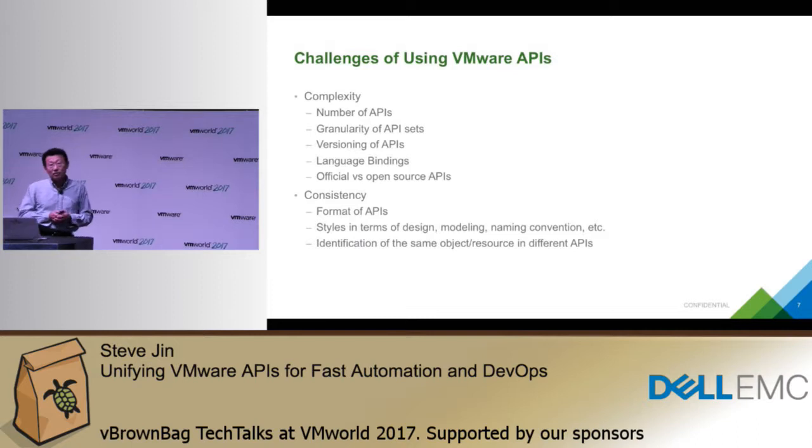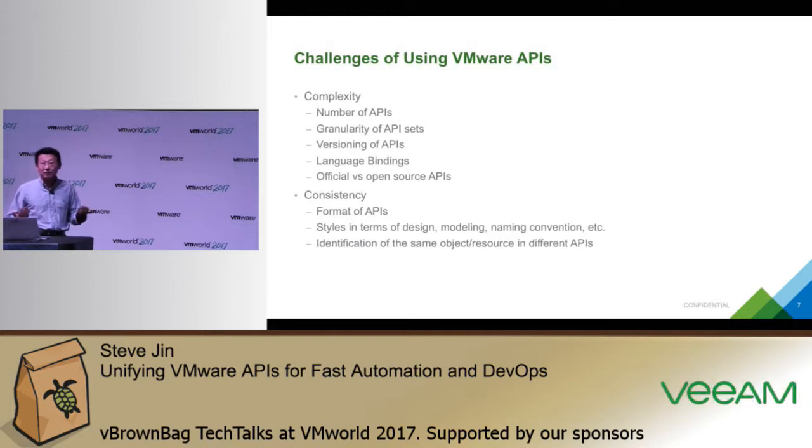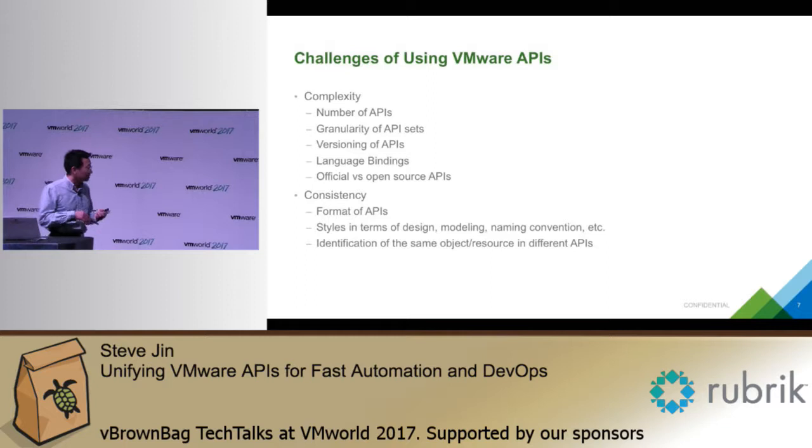And the language bindings: we talk about REST also, but at the end of the day, a lot of us still like to use language bindings, Java, C#, and those language bindings make our life much easier, right? And also there are official versus open source APIs in the community. Just one more factor to consider.